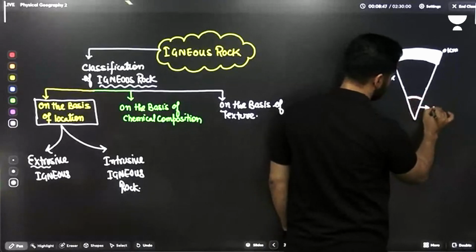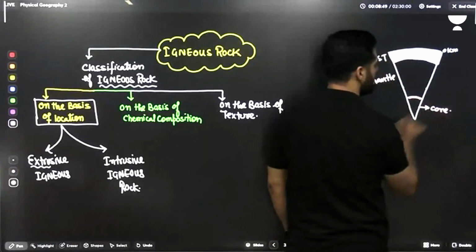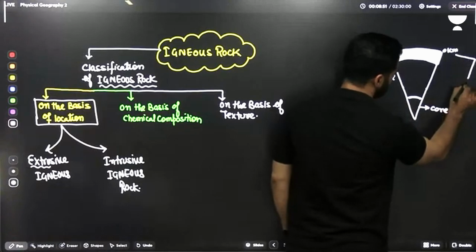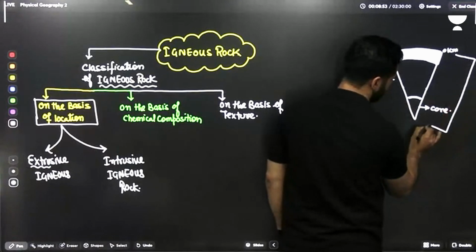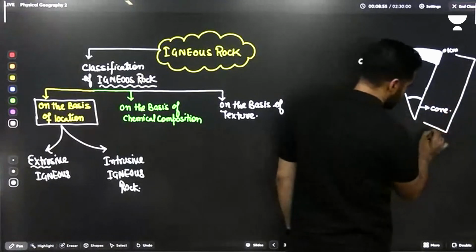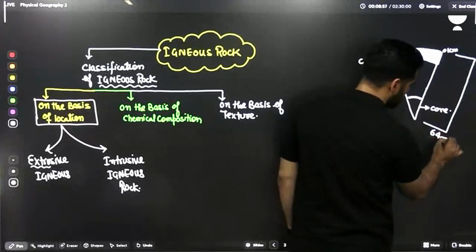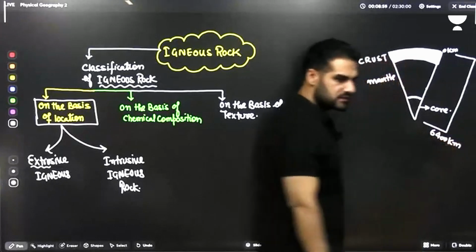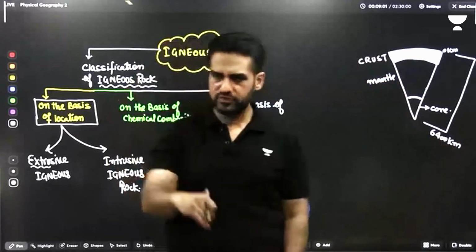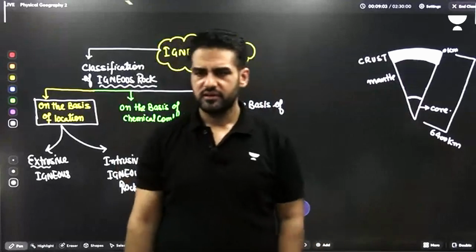What is this part called as? Core. The total, if you talk about the thickness, ये कितना आ जाता है? Radius of Earth 6400 kilometer. Is it clear? From the surface till if you reach to the core, how much radius comes there?